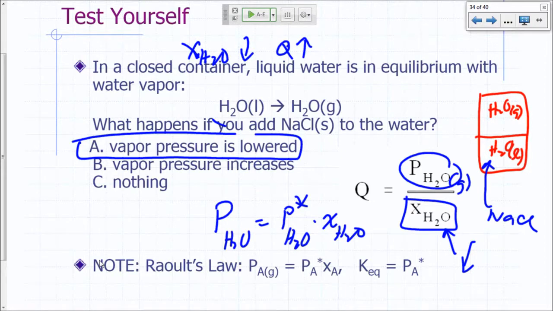Momentarily now you've made Q bigger than K_eq, so the reaction shifts to the left to make Q smaller again. So it shifts from gas to liquid. That's why your vapor pressure of water is lowered. So that's one way of looking at Raoult's law.